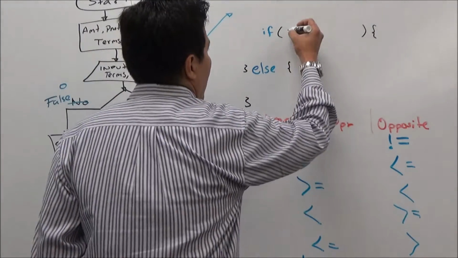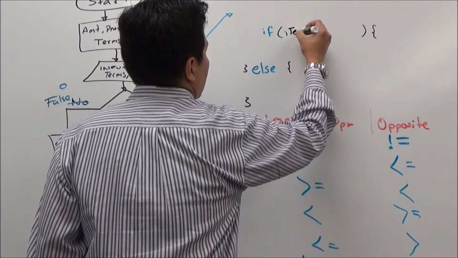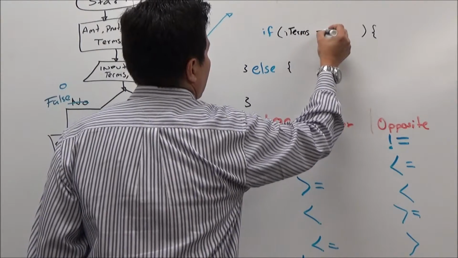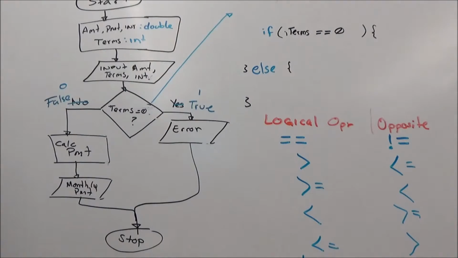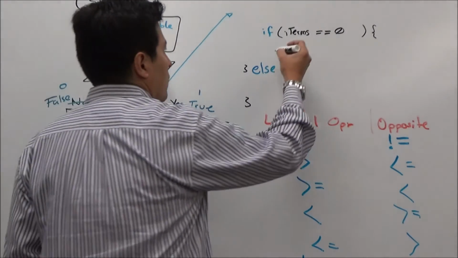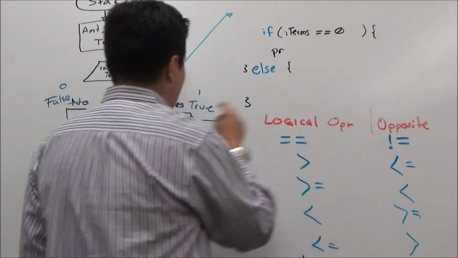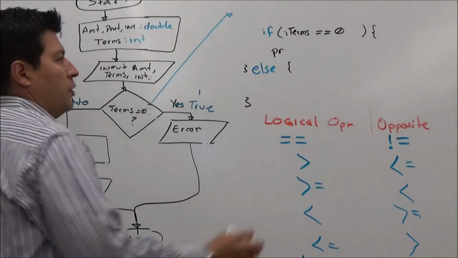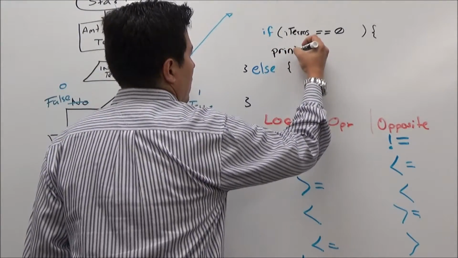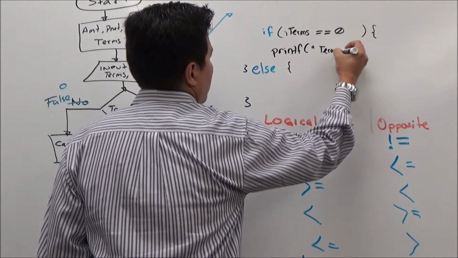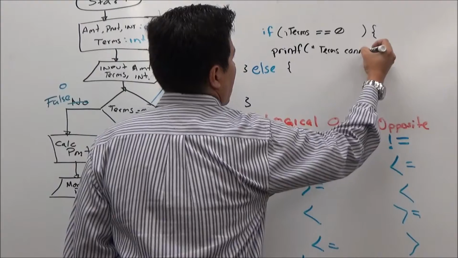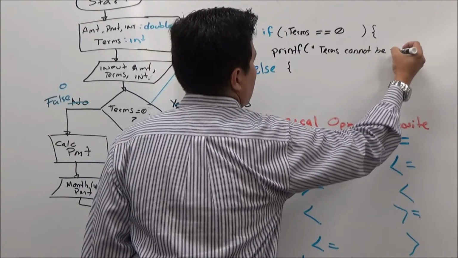So it would say if I-terms equal 0. If it's 0, then you're just supposed to display an error message. So I just do a printf: terms cannot be 0.